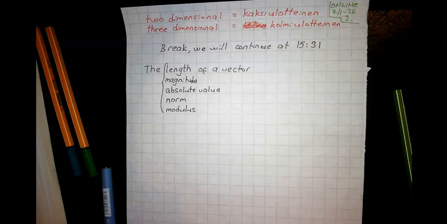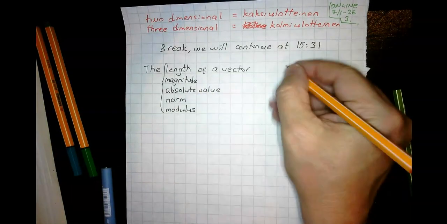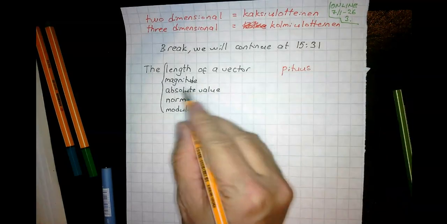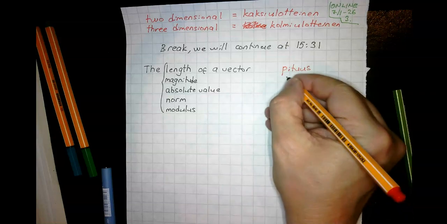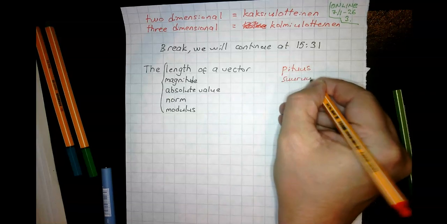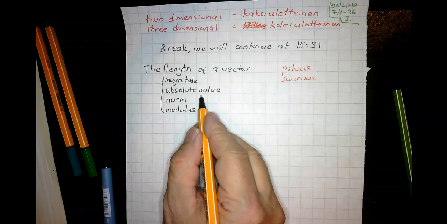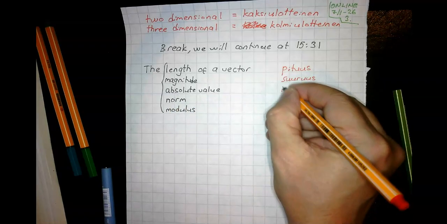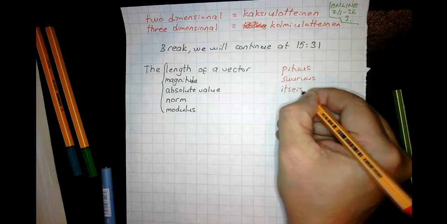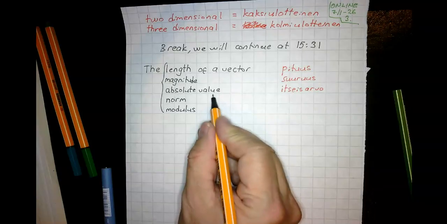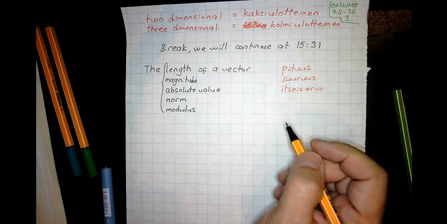In Finnish, length is pituus, magnitude is suuruus, absolute value is itseisarvo. Arvo means value. Itseisarvo.